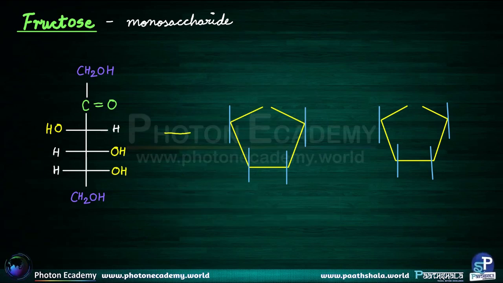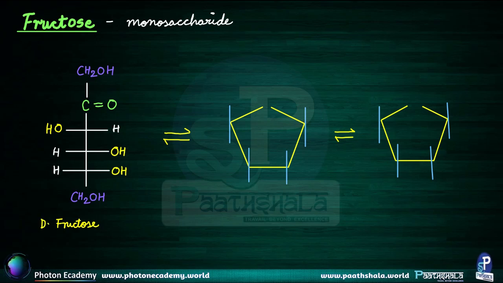Since we have done glucose, we know that these cyclic structures will exist in equilibrium with our open structure. So this is D-fructose. Now let us move on to the cyclic form.